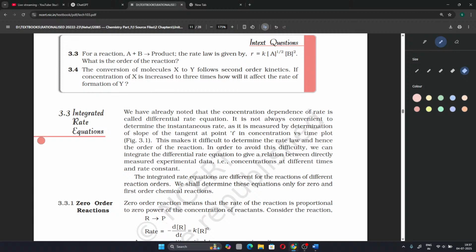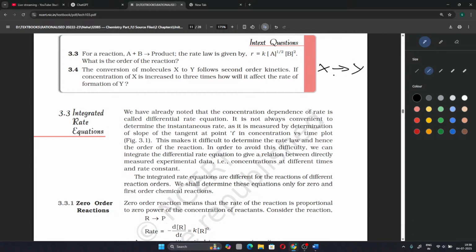The conversion of molecules X to Y follows the second order kinetics. Okay, X is the reactant. Basically, the reaction is from X to Y. X is the reactant, Y is the product.